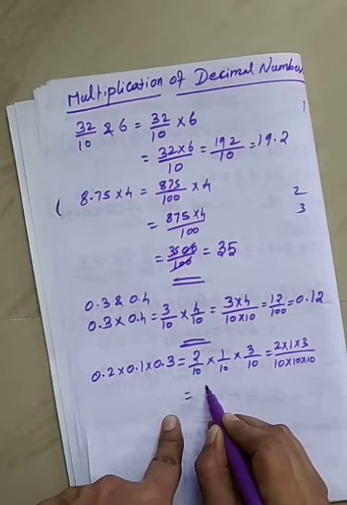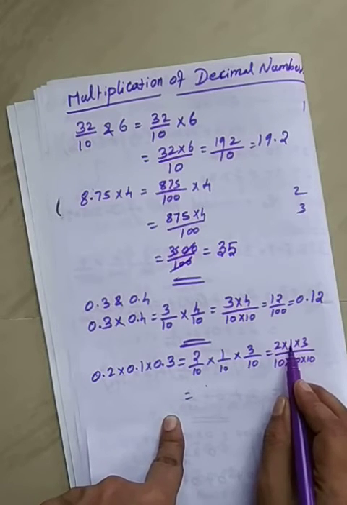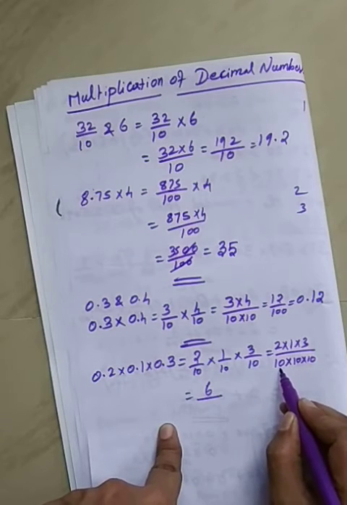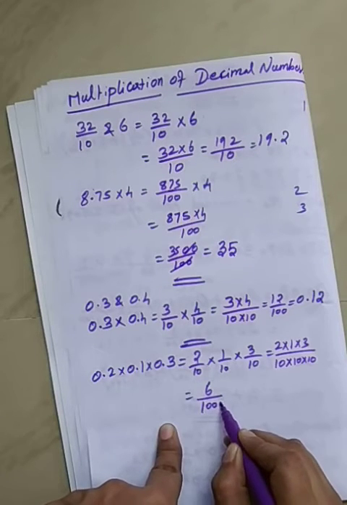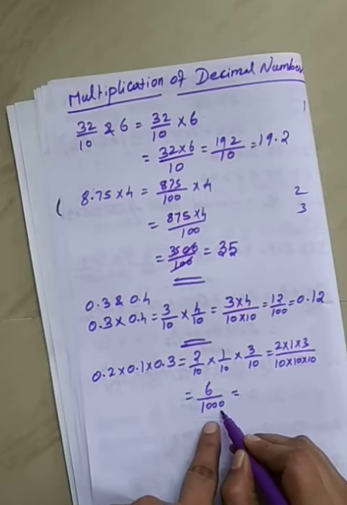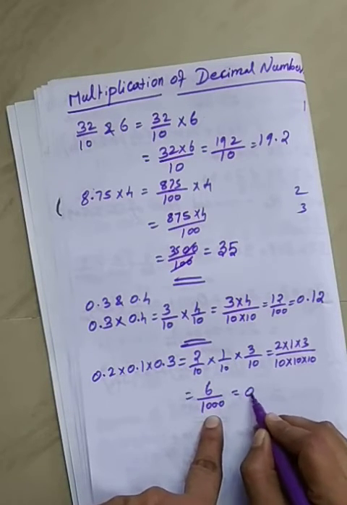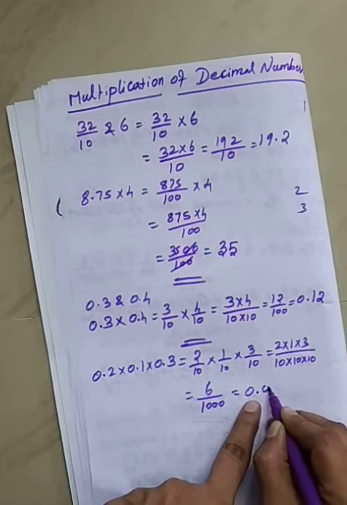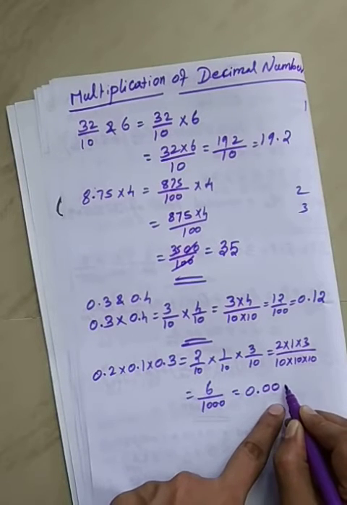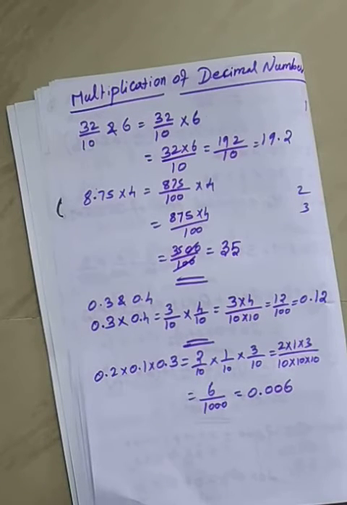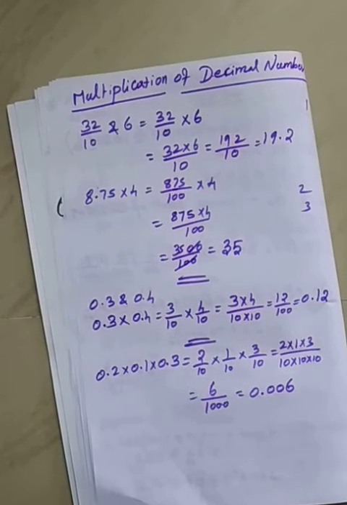So you will get 2 into 1 is 2, 2 into 3 is 6, divided by 1000. Clear? See here, 1000th place. So you can write 0. This is 10th place, 100th place, 1000th place. So this is the answer. Everybody clear in this one?